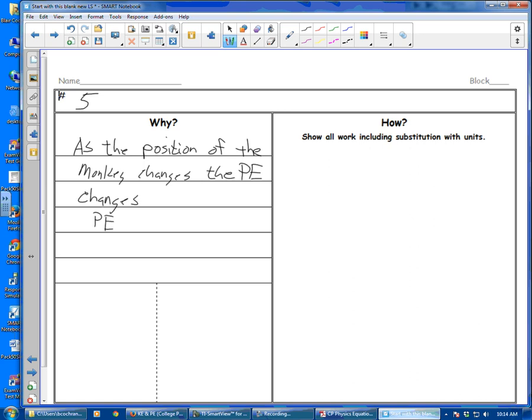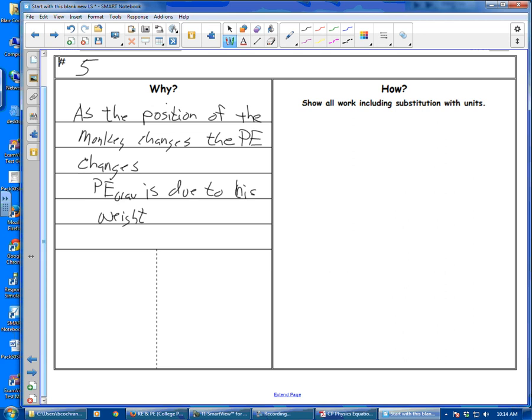The PE graph is due to his weight and height.